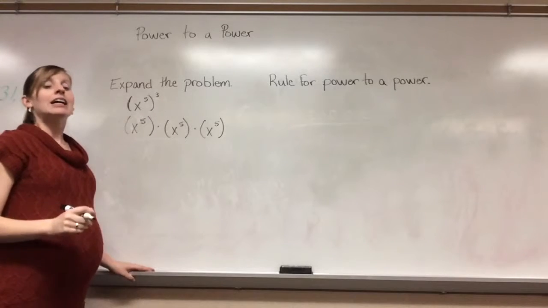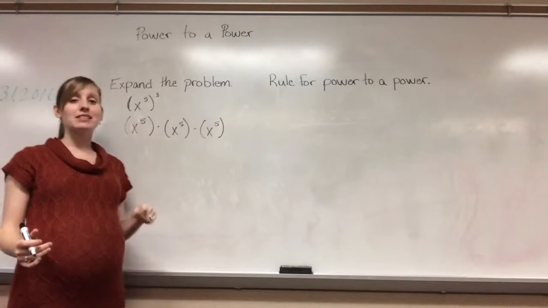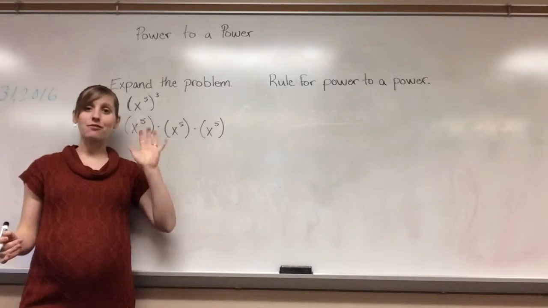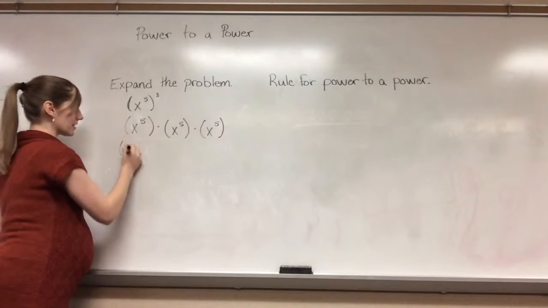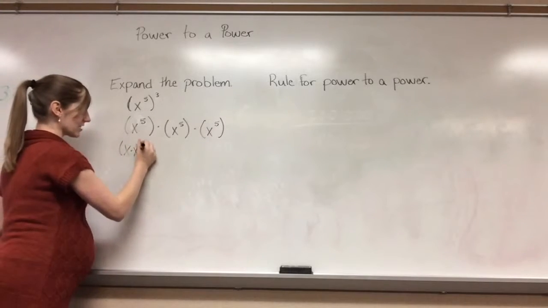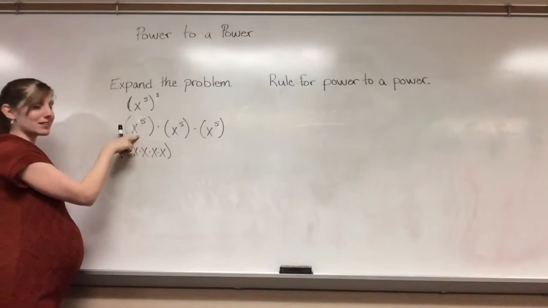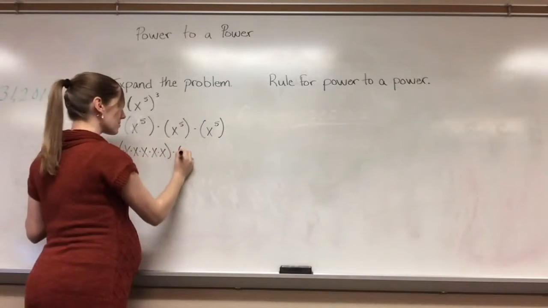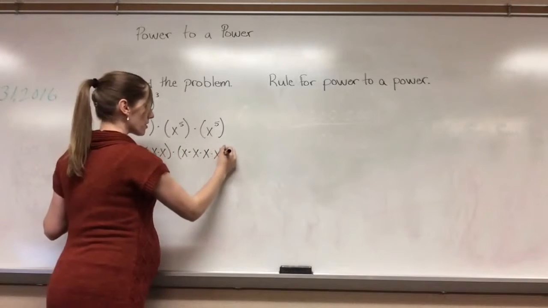Okay? Now I can expand this even further and say, well, x to the 5th power means that I'm multiplying x by itself 5 times. So I can essentially make each of these parentheses 5 x's. 3, 4, 5. That's the first set of parentheses. The second set of parentheses would be 5 more x's. 3, 4, 5.